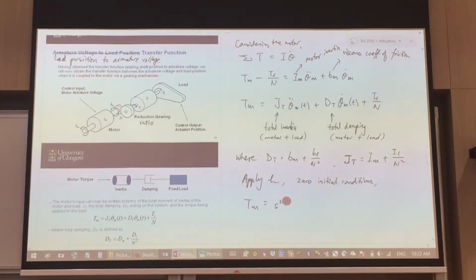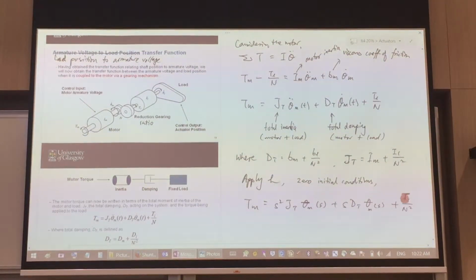Tm will be s squared Jt, theta m of s, plus s Dt theta m of s, and then plus TL over n squared.